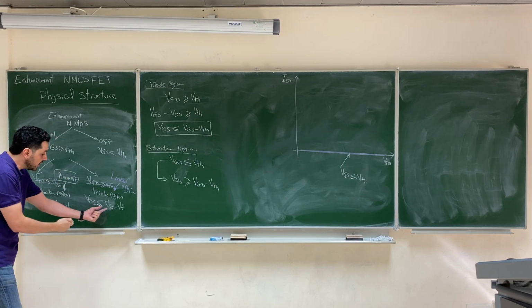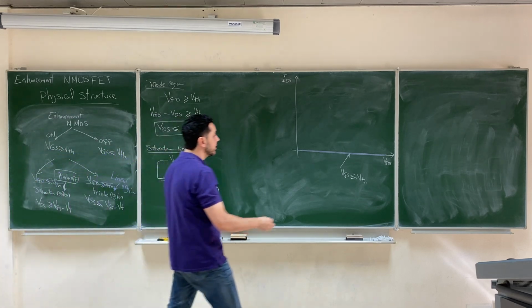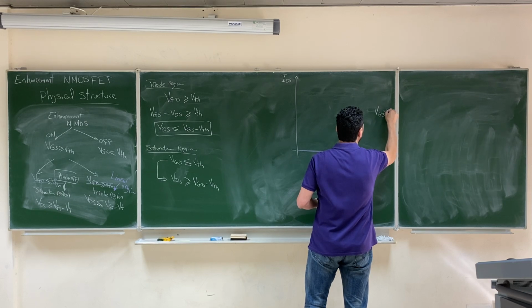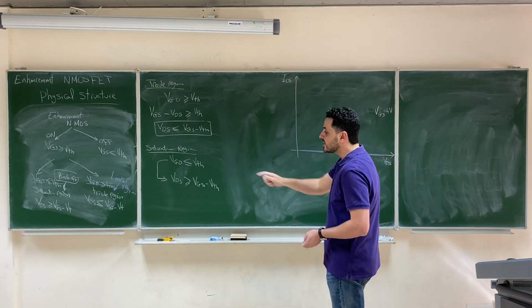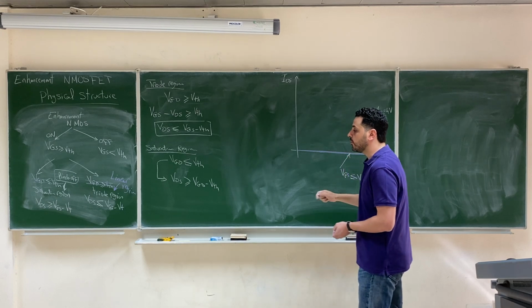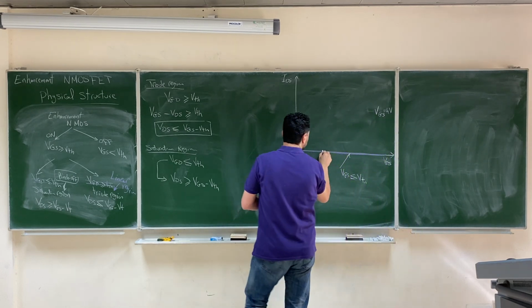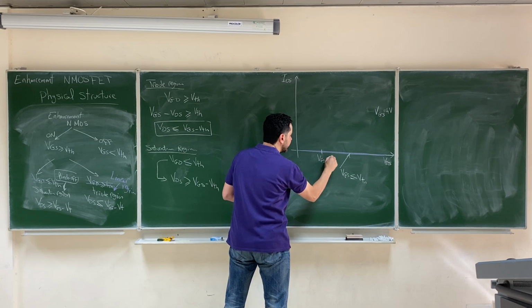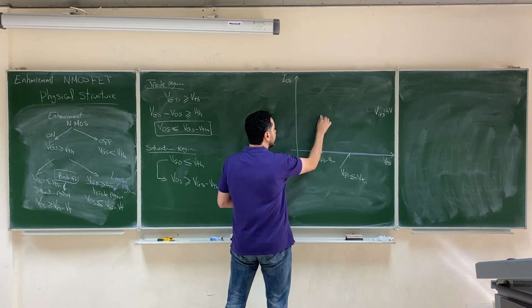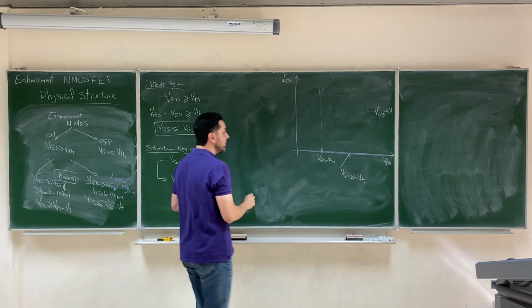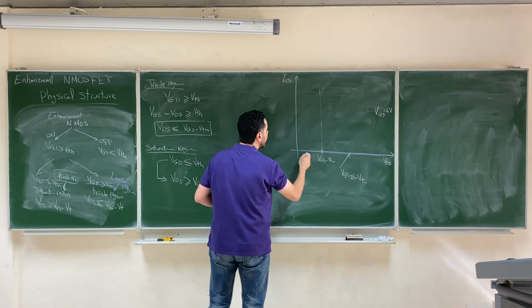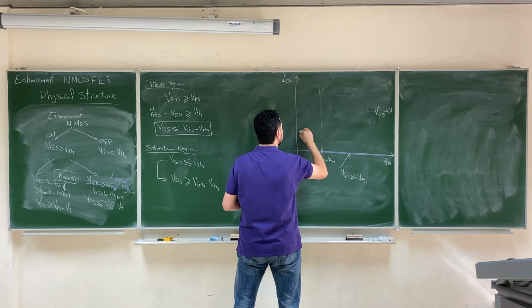Let's say that we are going to take a certain VGS, let's say 4 volts. Then as long as VDS is lower than VGS minus V threshold, we'll be working in the triode region.